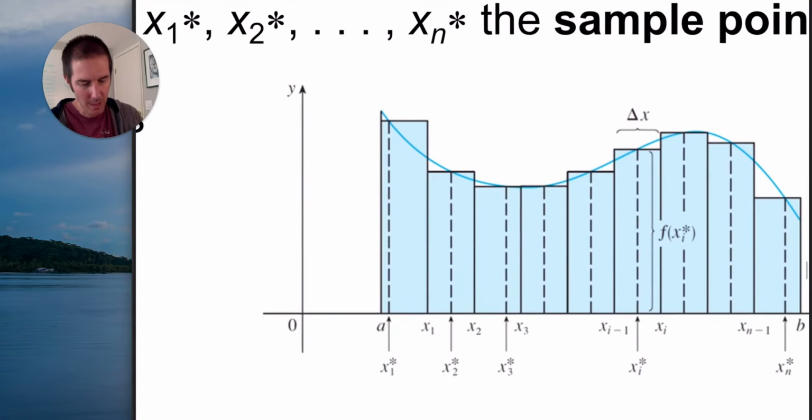You can see that the height of this first rectangle is determined at the top of this dashed line, x sub 1 with an asterisk on it. Why are we choosing that as the x coordinate to plug into our function to generate the height of our rectangle?